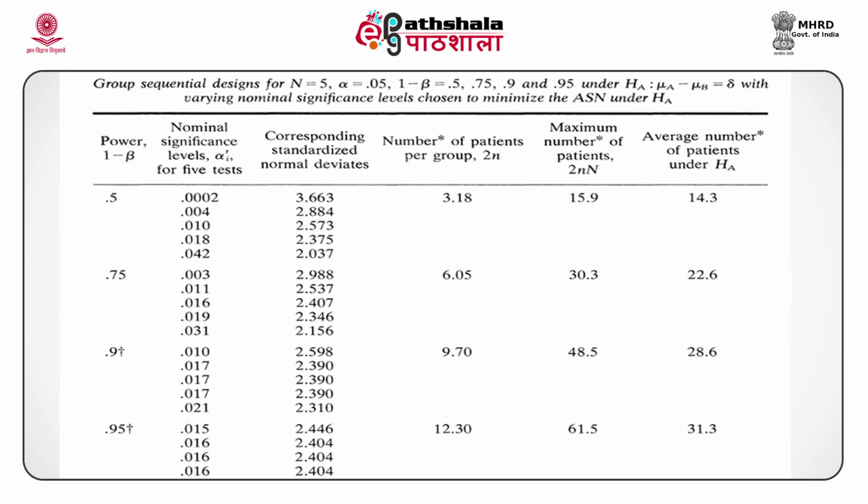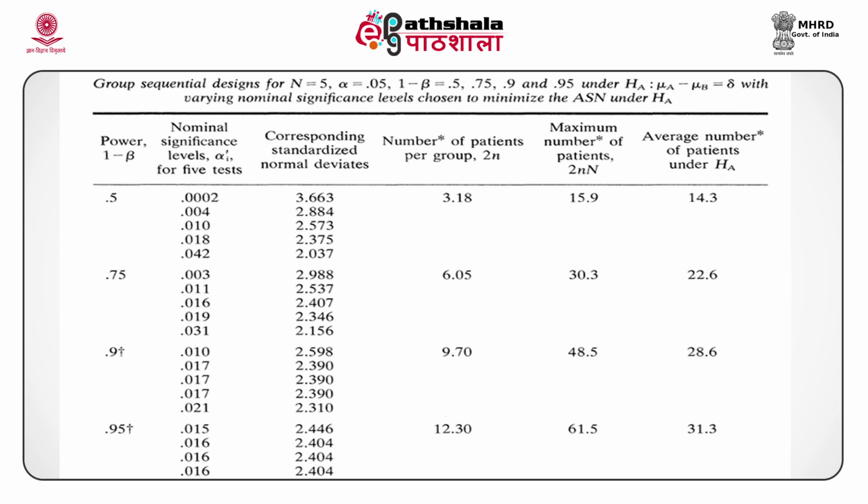Note that the optimum design for 1 minus beta equal to 0.9 or 0.95 does not have monotonically increasing alpha dashes, that is the nominal significance level. Hence, for 5 group designs with reasonably large power, 1 minus beta equal to 0.9 or 0.95, the choice of constant nominal significance levels is near optimal as regards the ASN under HA.